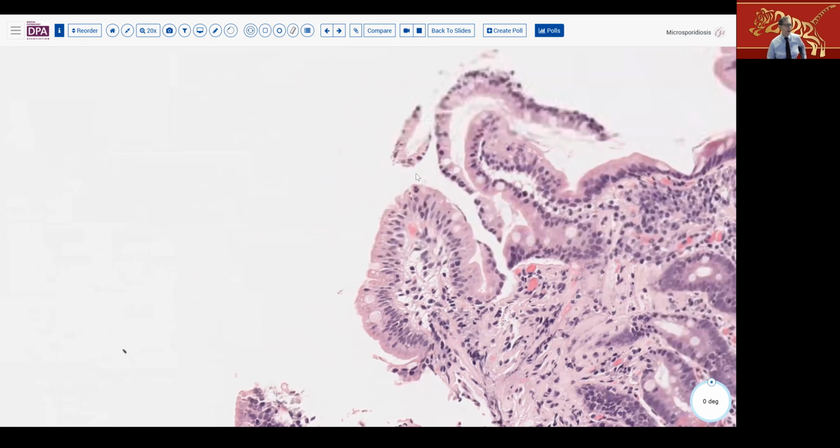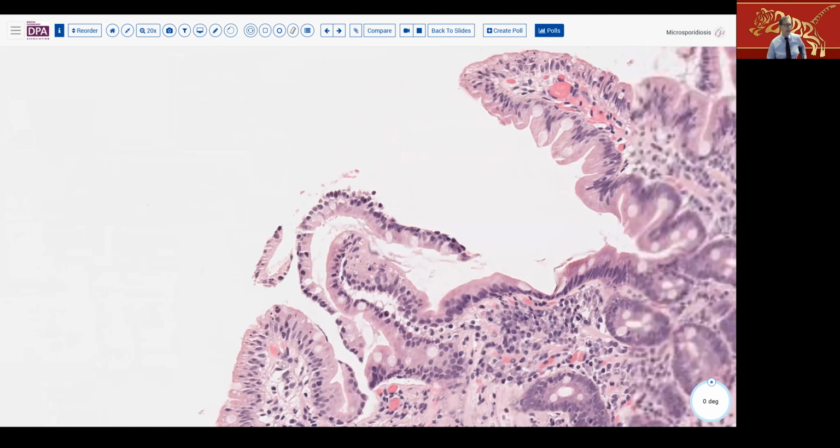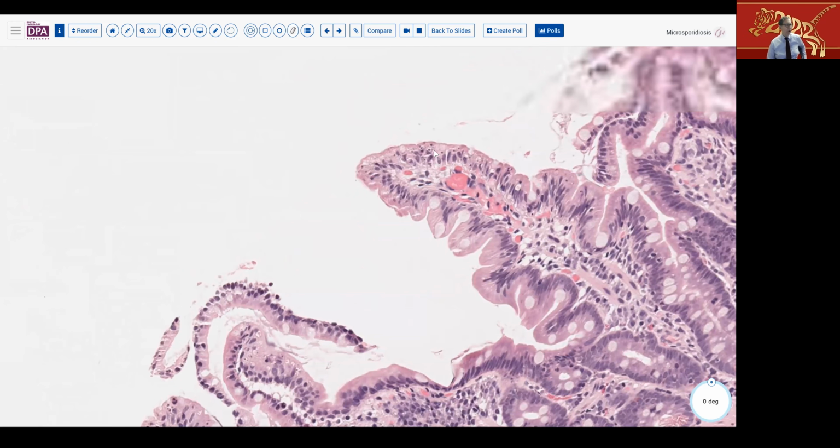More here. And here they're even clustered and almost sort of exploding out of the cell in some regard. So for those of you who've not observed this or seen this before, this is what Microsporidia look like in the small bowel.